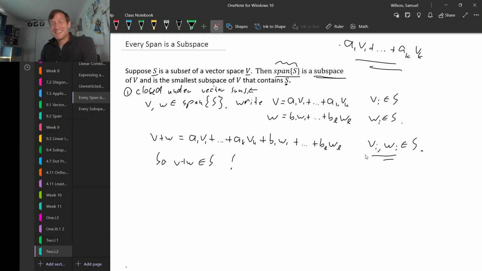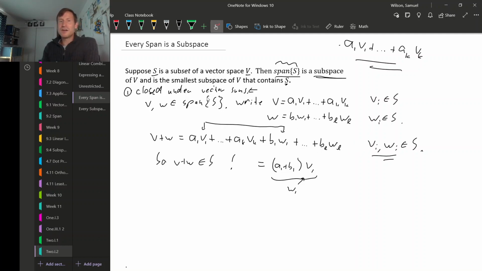The second reason is, suppose there is a vector that's repeated. Suppose, for example, that V1 is actually equal to W1. Well, if V1 and W1 were the same vector, we could just combine these two terms as A1 plus B1 times V1. So if there are any repeated vectors, we could collapse them down to a single term, and we'd still get a linear combination of these guys.